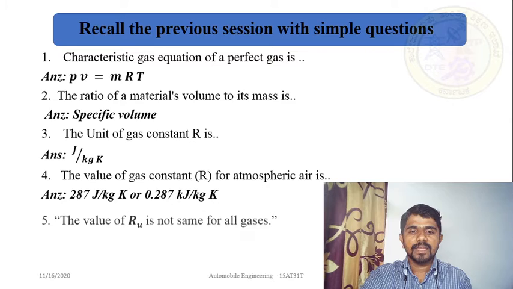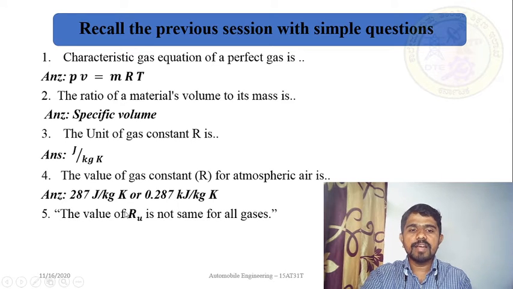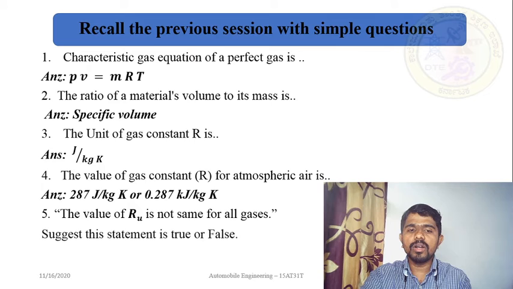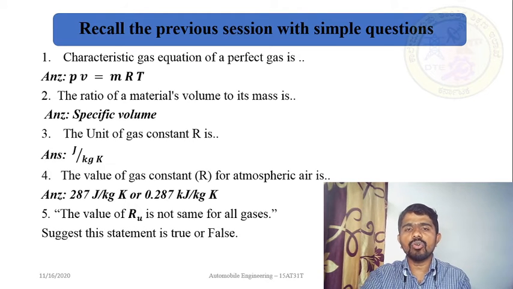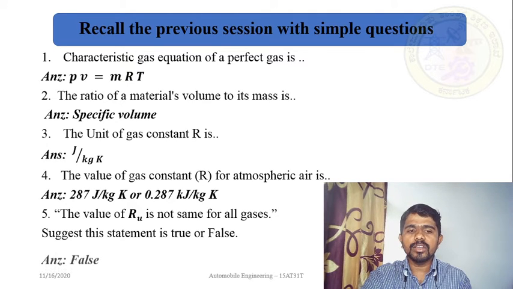And the last question: the value of Ru is not the same for all gases. Is this statement true or false? That is false, because the value of Ru is the same for all gases.